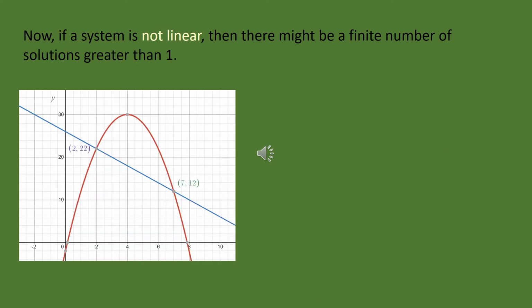Now, if a system is not linear, then you might have 2 distinct solutions or 3 distinct solutions. But if it's linear, you're either going to have no solution, the system's inconsistent, or there will be one solution, or there will be infinitely many. But nonlinear systems can have some finite number that's not 1.